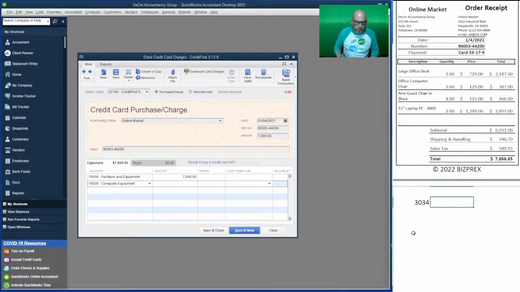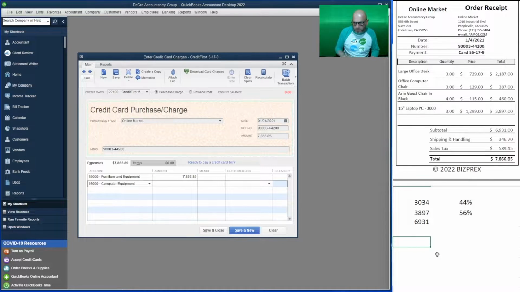Yeah, that's our total for furniture, and that's our total for equipment. So that should add up to the subtotal. All right, it does. And now all we do is find out what percentage it is. That's how we allocate it. It's pretty straightforward. In this case, it's about 50%, so we could round it. Let's keep it 44 and 56.